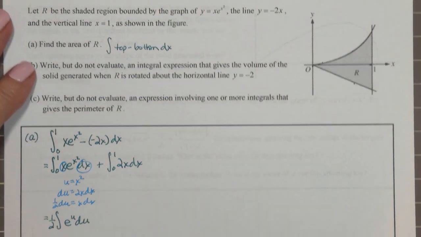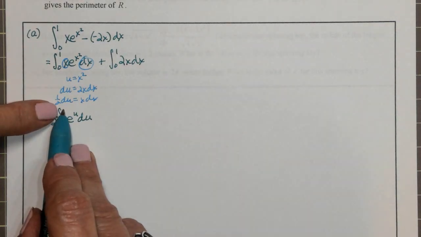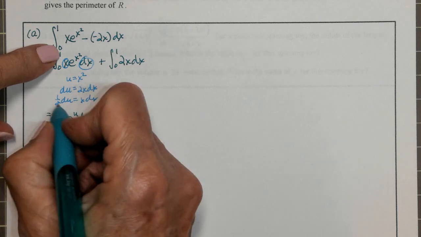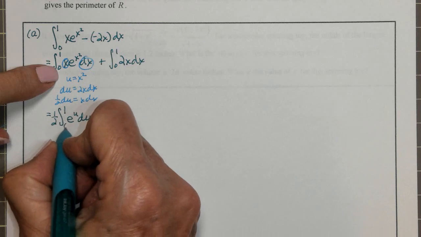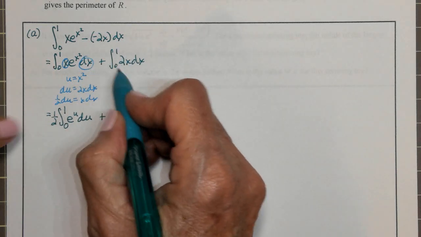Okay, new boundaries. We need new boundaries here. My u boundary on top, I'm putting a 1 in for x, so the new upper boundary is 1. The lower boundary is still 0 because 0 squared is still 0.